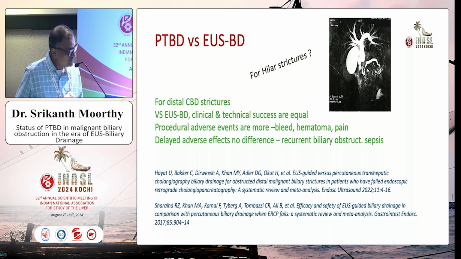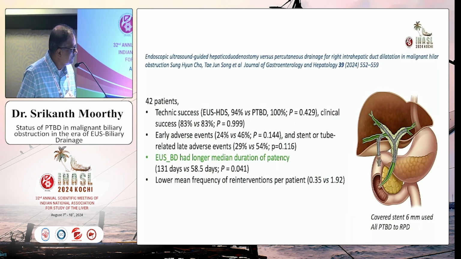Now, what about hilar structure? There are not too many large studies and meta-analyses and all that. So I just want to quote this recent article from Korea, in which they studied 42 patients, out of 44, 18 patients went for PTBD, 24 for EUS.